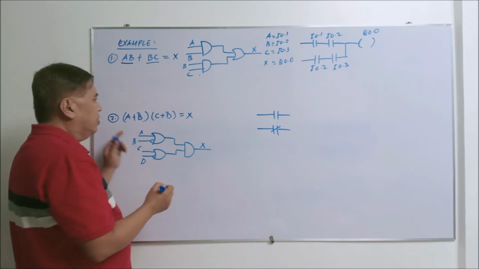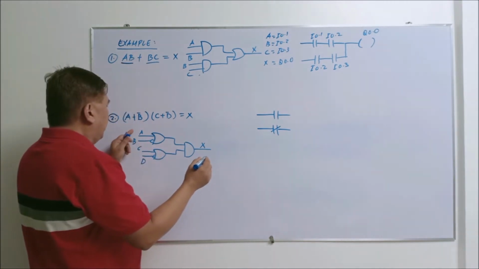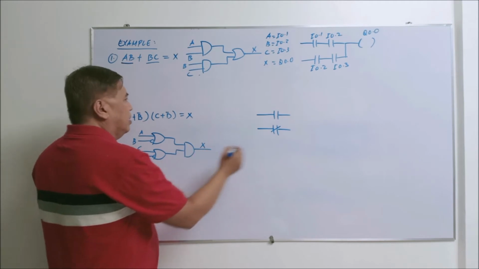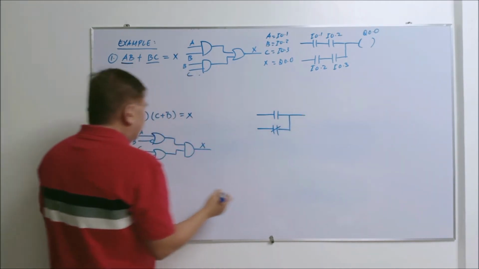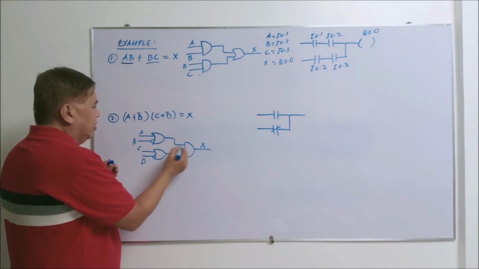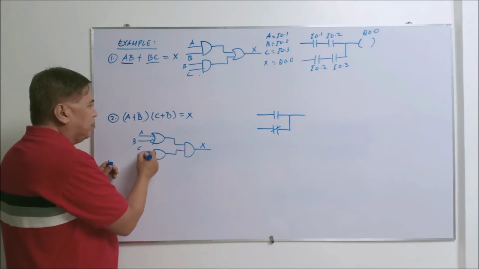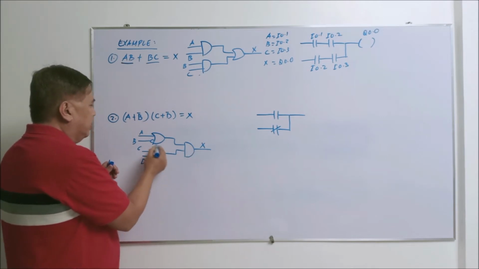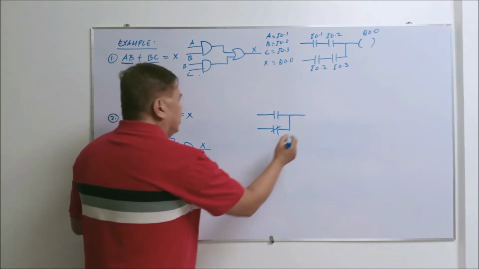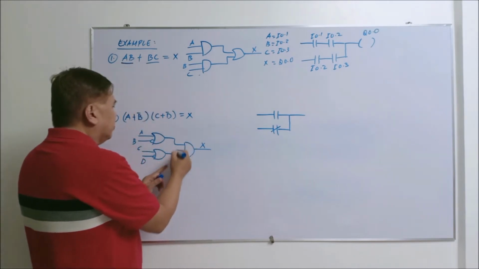So you have A and B, and they are parallel together. And then the other parallel connection is being ANDed, or connected in series.